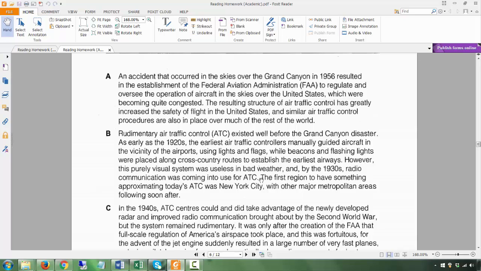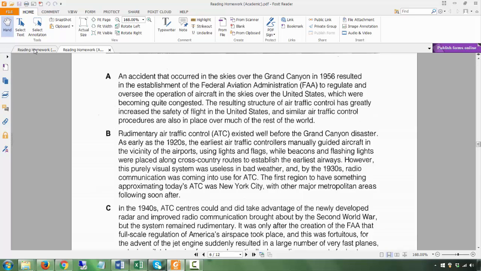However, this purely visual system was useless in bad weather, and by the 1930s, radio communication was coming into use. So it does seem to say that this purely visual system was useless in bad weather, and then that radio communication was coming into use.